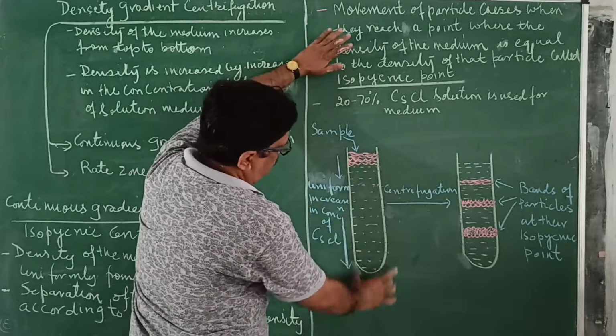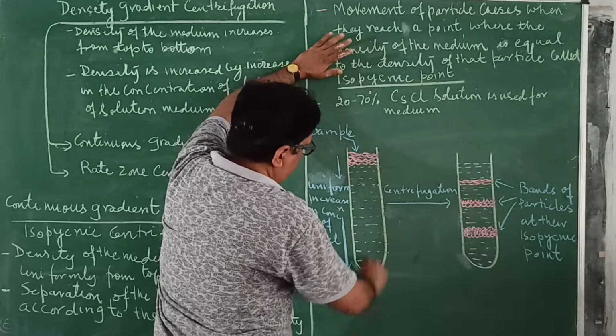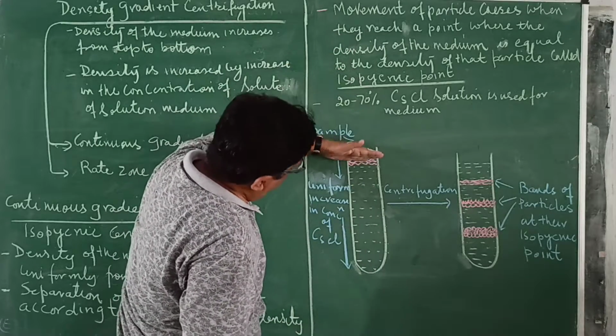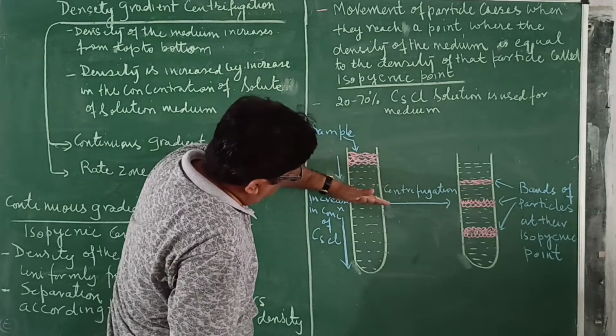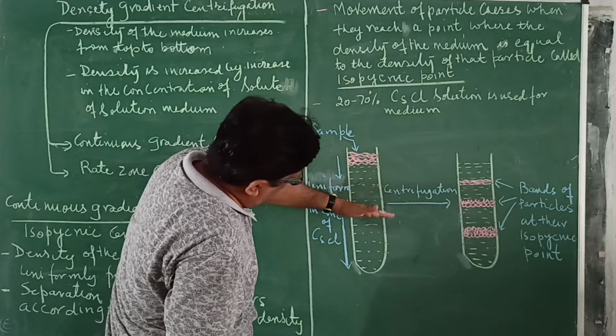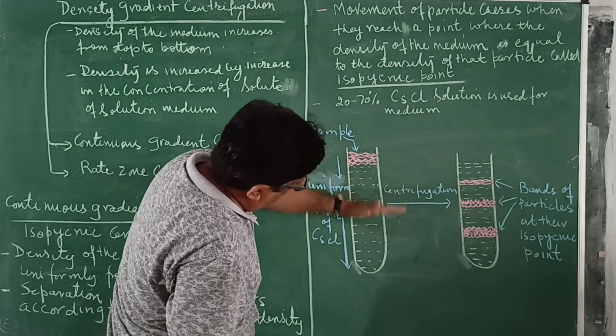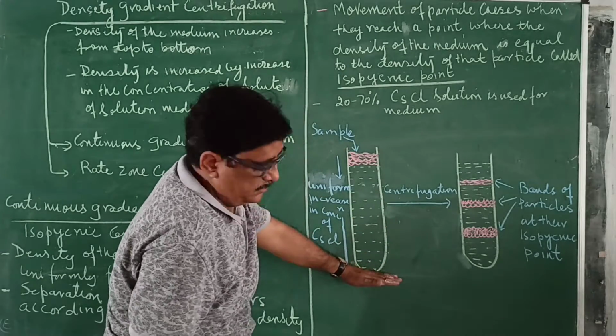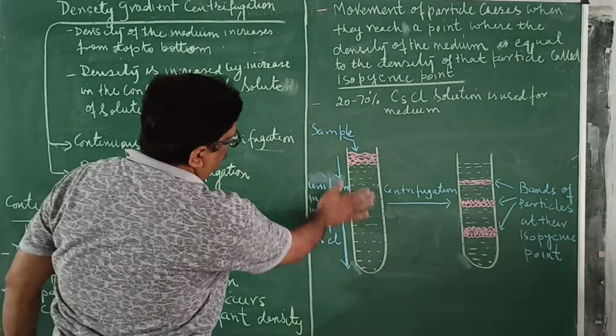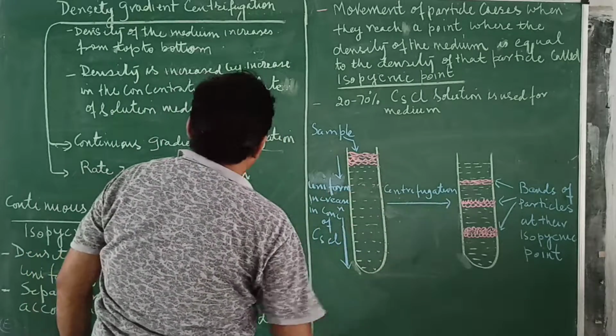If this is the test tube and here is the medium for centrifugation, the density of the medium gradually increases from top to bottom. It will be minimum here and maximum here.